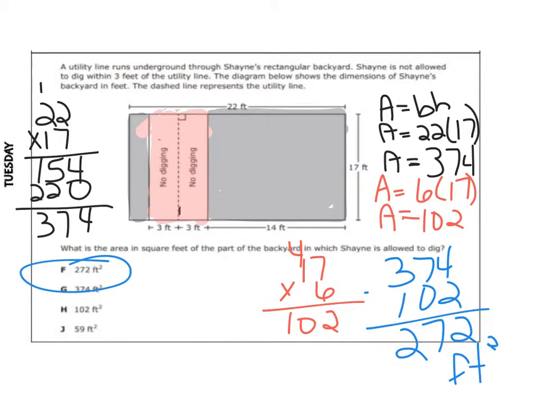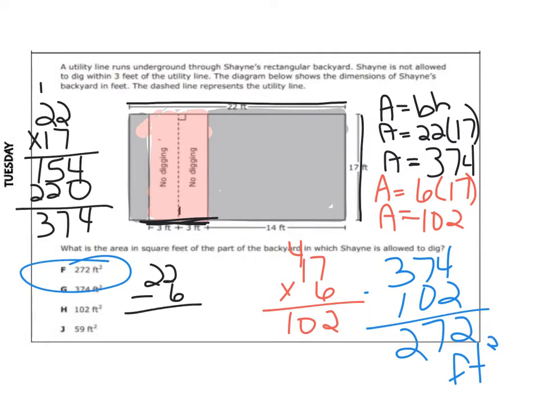If you see this is 22 and 17, out of the 22, how much can I not dig into? 6. So 22 minus 6 gives us 14. And 14 times 17 gives us 272.